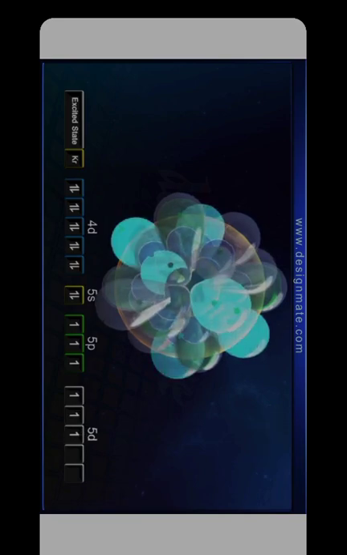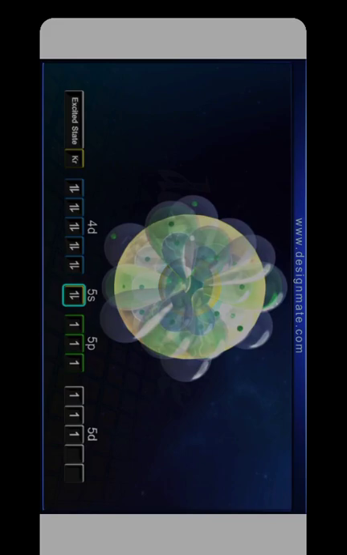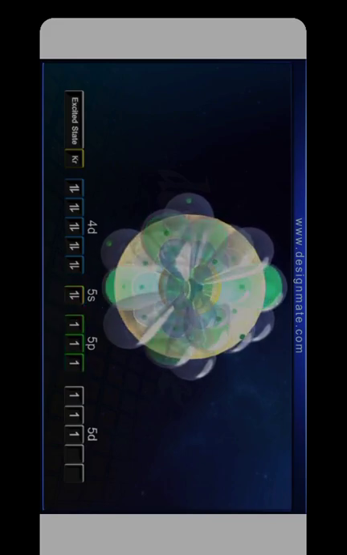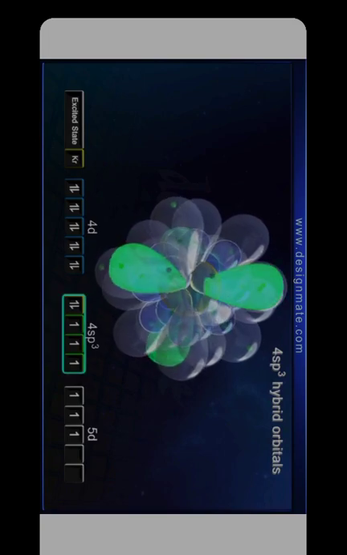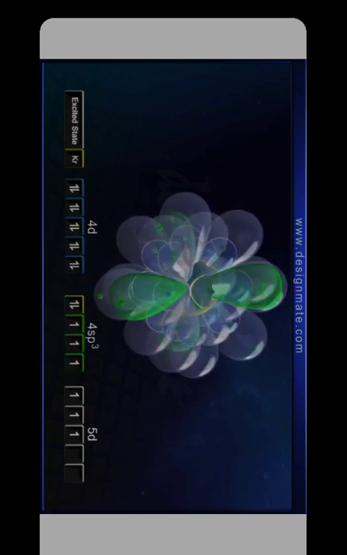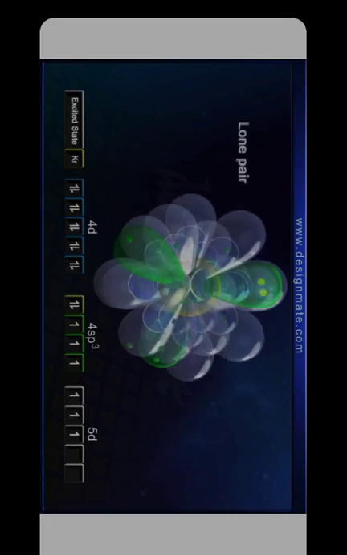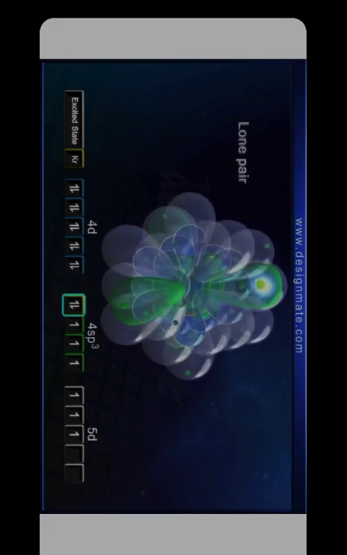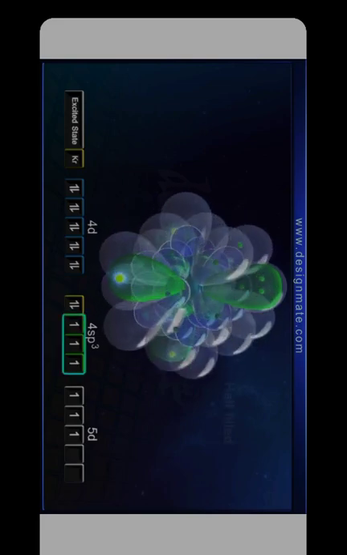In order to accommodate 7 electron pairs, the 5s and 3 of the 5p orbitals intermix to form 4 sp3 hybrid orbitals. One of the sp3 hybrid orbitals is occupied by the lone pair of electrons. The other 3 sp3 hybrid orbitals of xenon are half-filled.